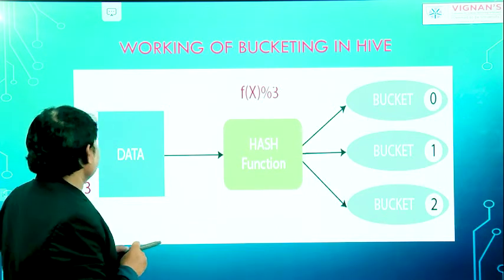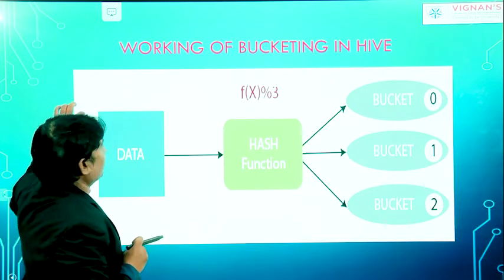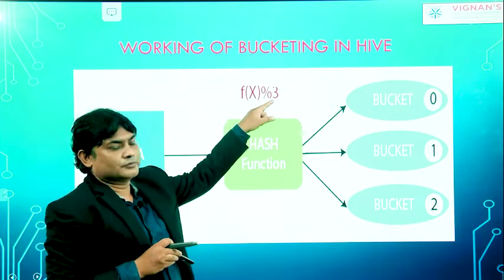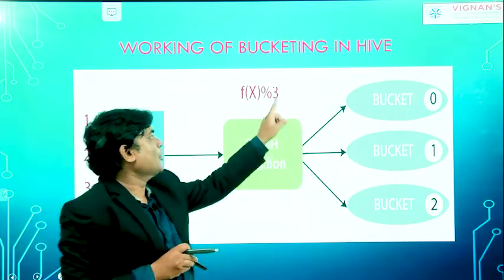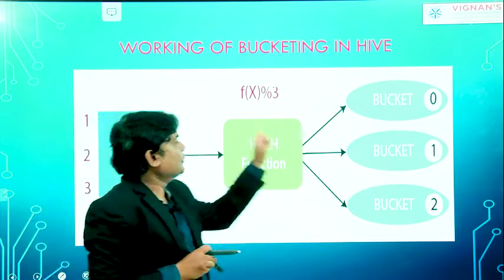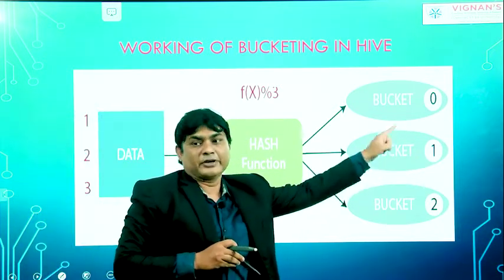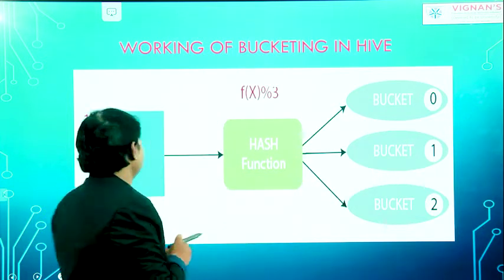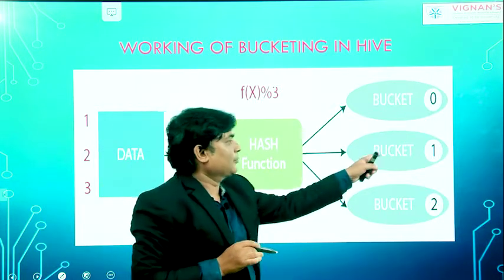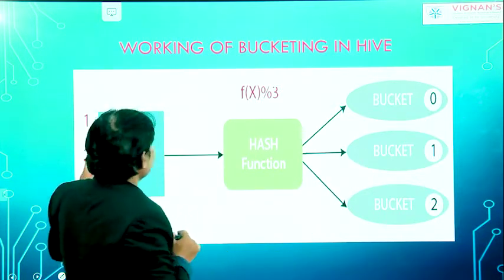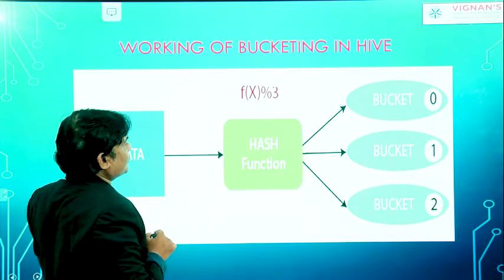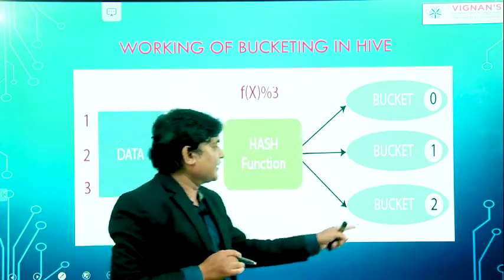Here f(x) means, suppose I am taking data 1. So 1 modulo 3 means you are going to get 1. It means this data is stored into bucket number 1 only. If I take 2 modulo 3, this data is going to be stored into bucket number 2.